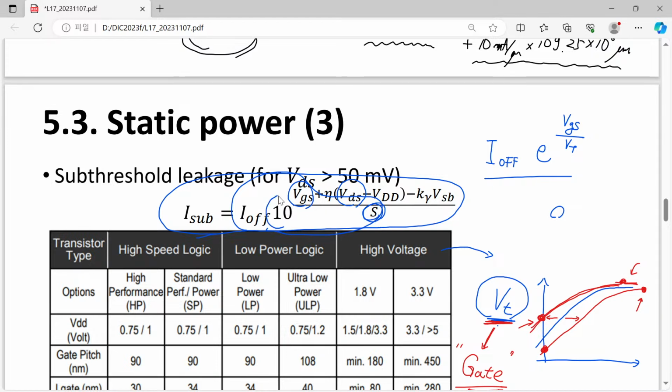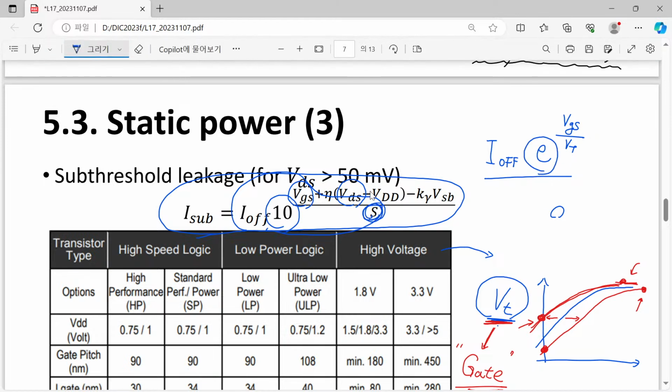Although here we have base 10 and there we have the natural base e, since we have S here, they are identical.